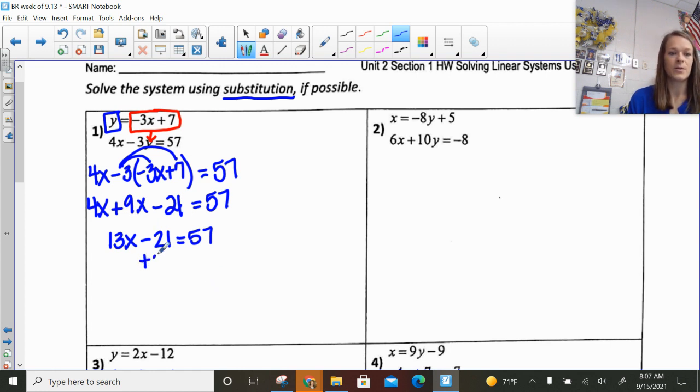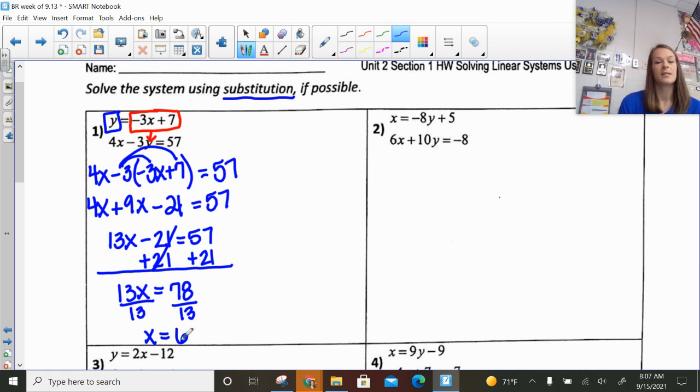Then I'm going to add 21 to both sides so that those will cancel out. So I'll have 13x equals 57 plus 21, which is 78. Now I'm going to divide by 13, and x equals 78 divided by 13, which is 6.